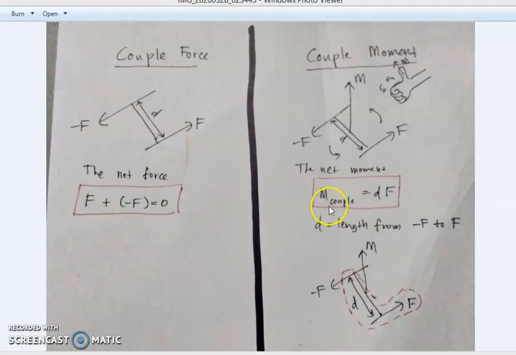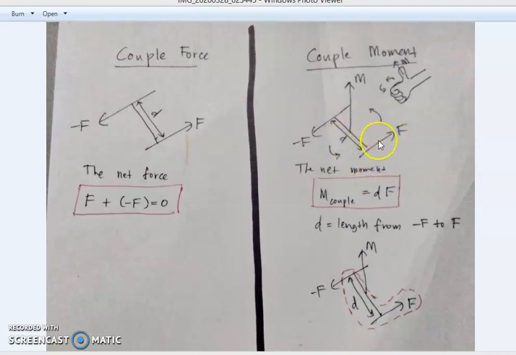And then for the couple moment, to calculate the moment of a couple force system, using the right hand rule, your moment will be equal to this length d multiplied with the force, either this one or this one.